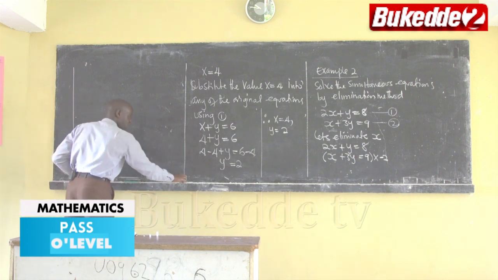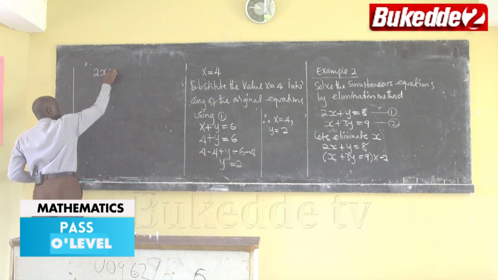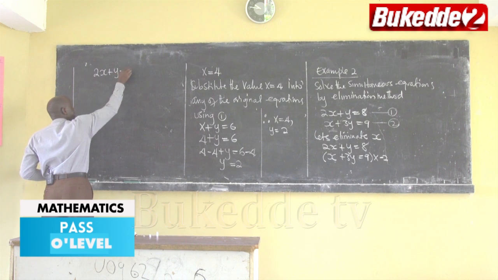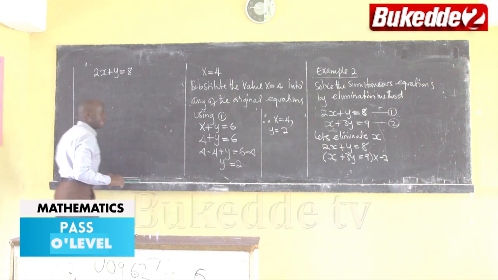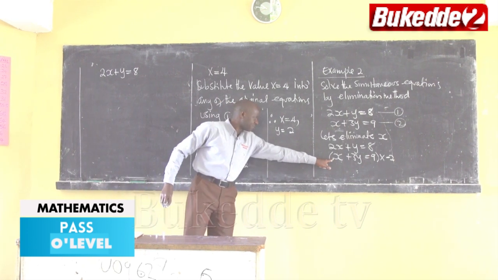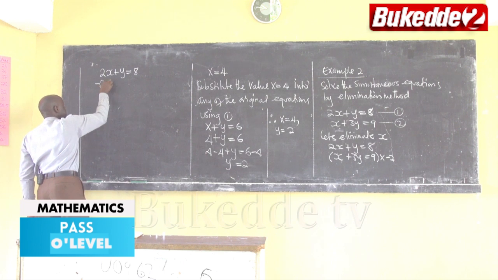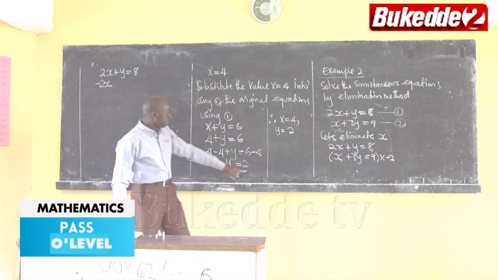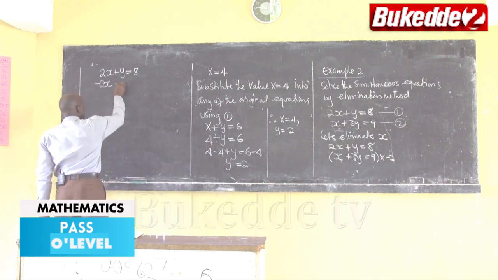The equations we have now are equation 1, which was 2x plus y is equal to 8. And then when you multiply here by negative 2, this yields negative 2x. When we multiply this by negative 2, it yields negative 6y.